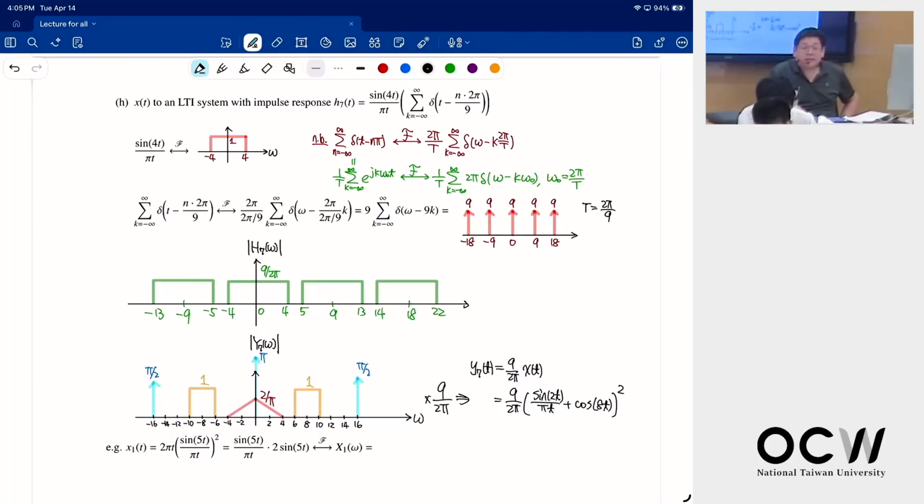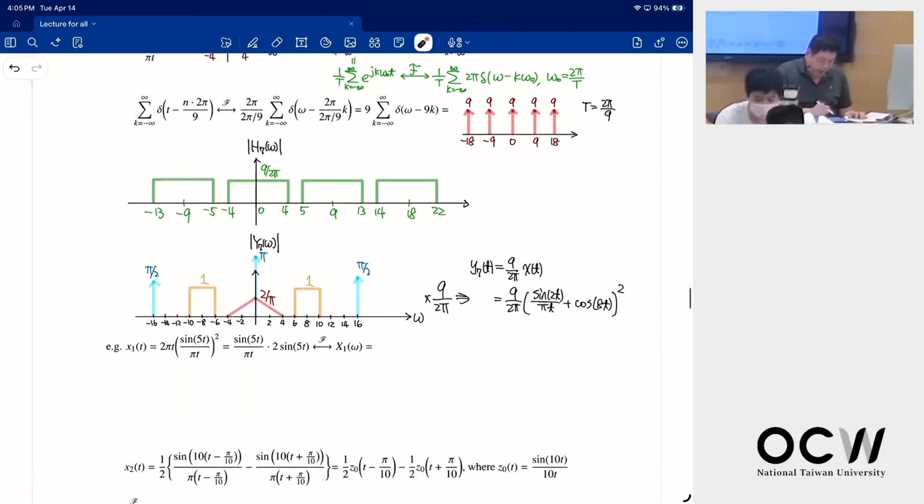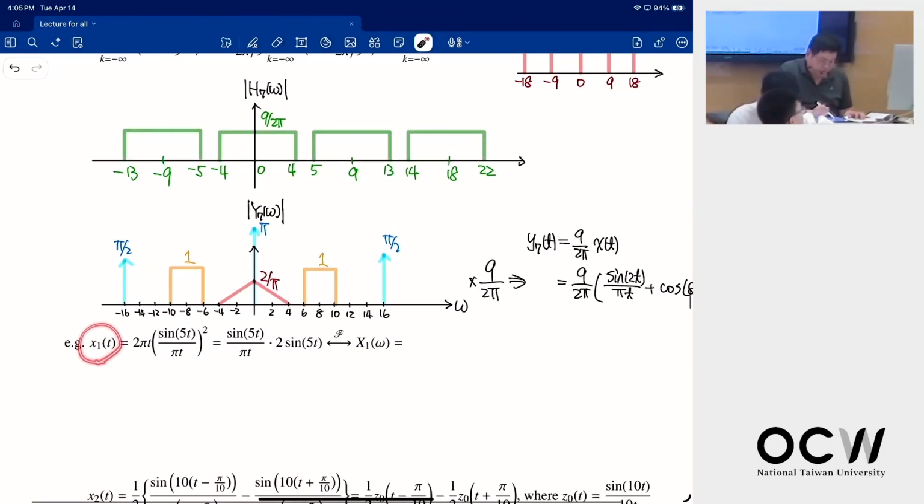All right, let's see another example. If I have this x1 is 2 pi t times the sinc function square, you can also think about this as one sinc function times 2 sine function.